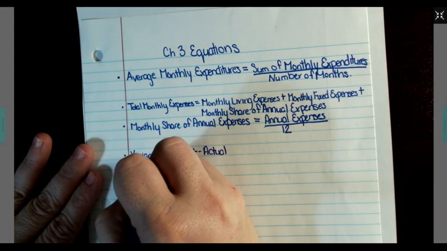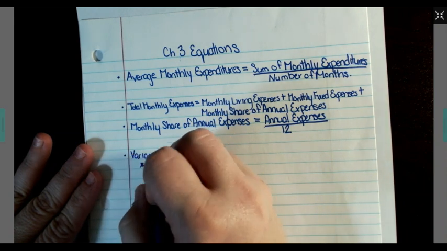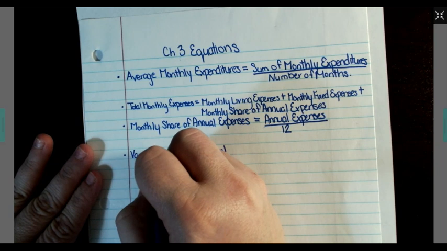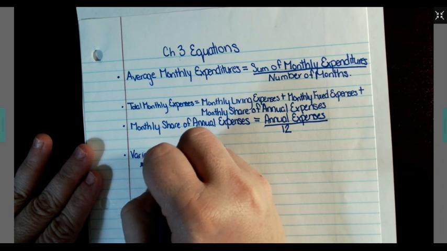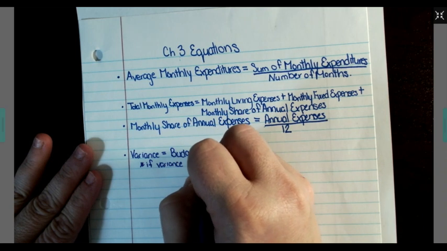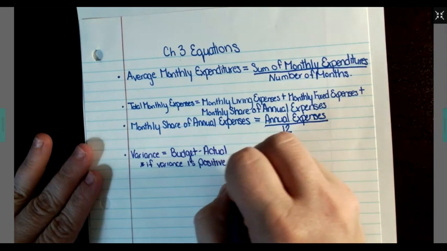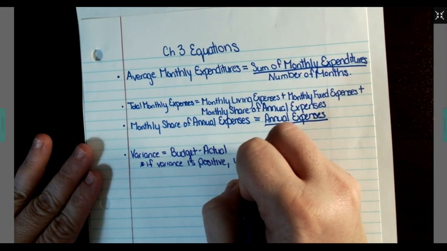Then I want to make two notes here. If variance is positive, you are under budget.